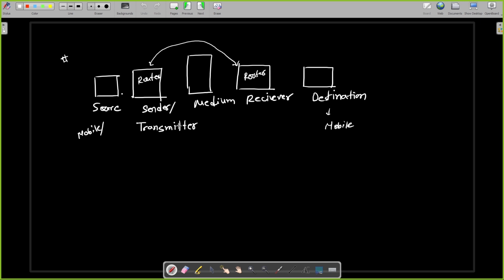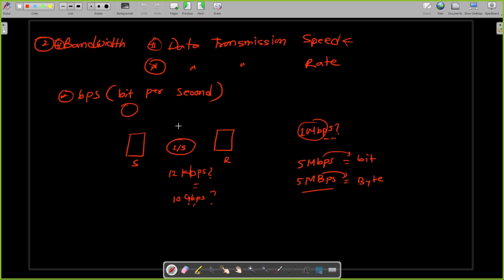There is a medium which connects the sender and receiver stations. It can be a cable, optical fiber cable or internet cable, mainly the connector of those devices. Then we learned bandwidth, or data transmission speed or rate, which explains the rate at which data is sent from one device to another.